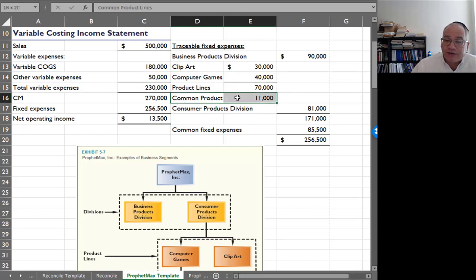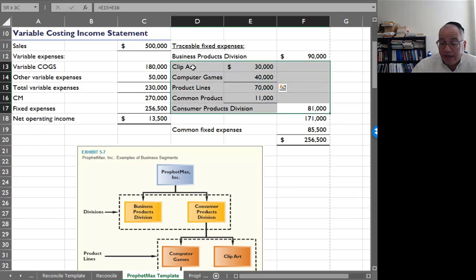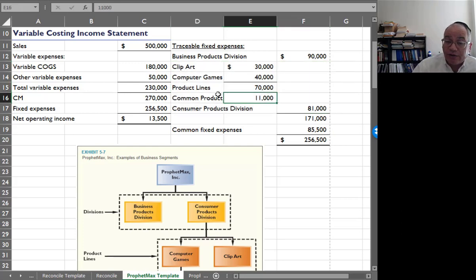But the common product fixed cost would not, product line fixed costs would not go away, only computer games. If I eliminated this whole division, then all of the consumer products division's $81,000 would completely go away, including the common product cost for clip art and product lines, common product line cost.